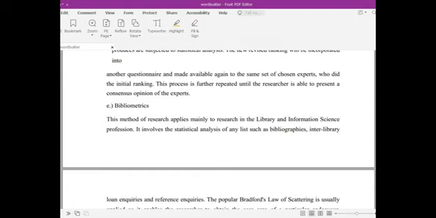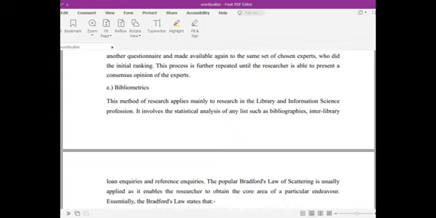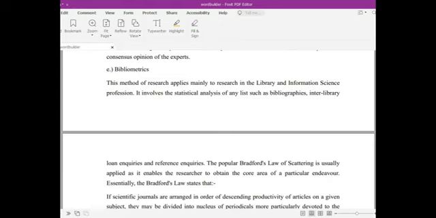All these sources that we are referring to, you get a detailed list of all of them. So it involves the statistical analysis of any list, such as bibliographies, interlibrary loan enquiries, and reference enquiries. All the references you make, you list all of them. That's why it's better used in the library and information science profession.